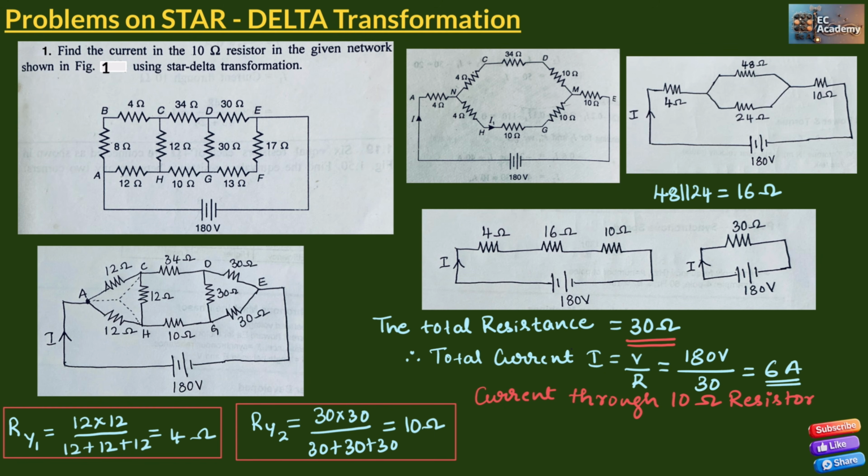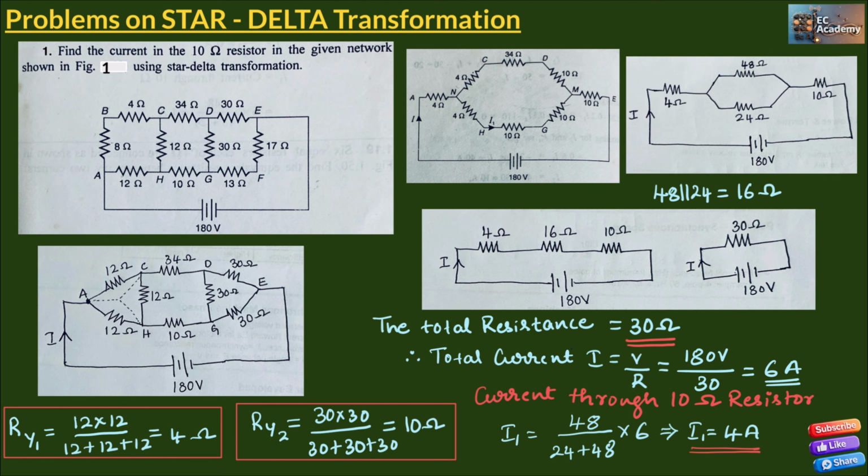In that case, the current through the 10 ohm resistor, I1, will be equal to 48 divided by the sum of the resistances, 24 plus 48, times the total current of 6 amperes. So we get the current I1 equal to 4 ampere. So 4 ampere is the current flowing through the 10 ohm resistor.